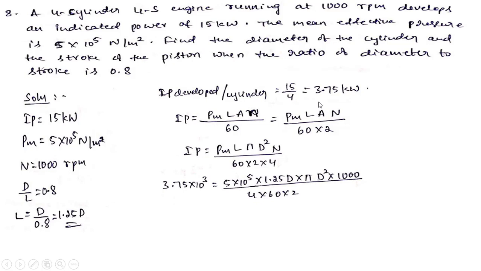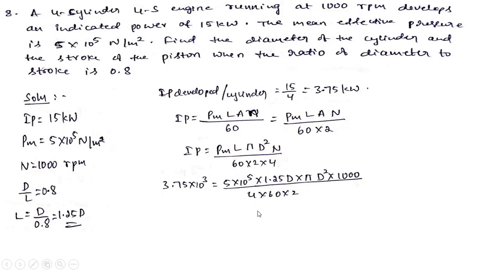Then I will substitute the values here. IP is 3.75 kilowatt, the power developed per cylinder, which in watts is 3.75 into 10 power 3. Mean effective pressure is 5 into 10 power 5 Newton per meter square. Substitute L as 1.25 D, pi and D square as they are, and the speed of the engine as 1000 rpm, with the denominator 60 into 2 into 4.